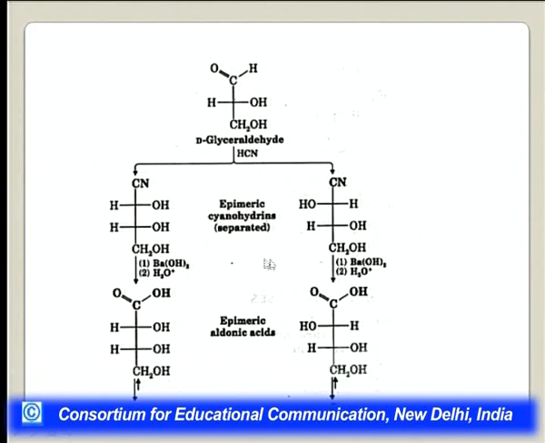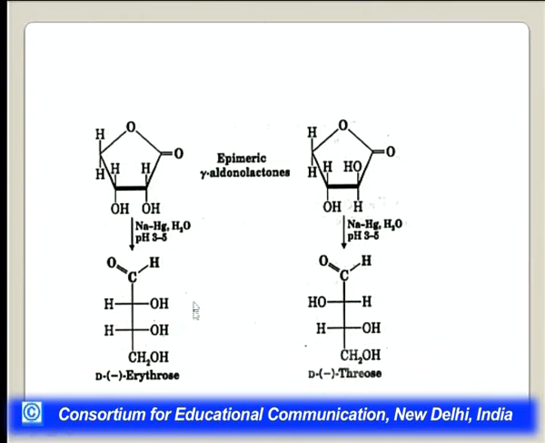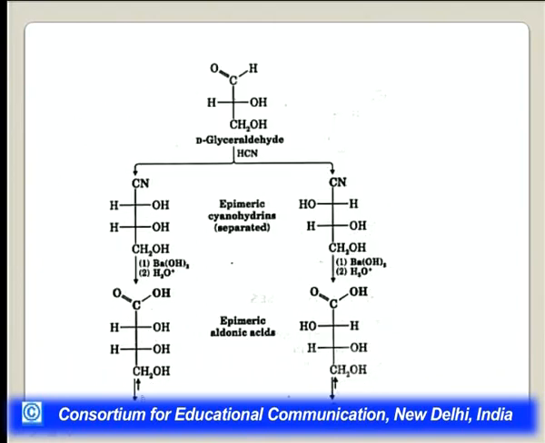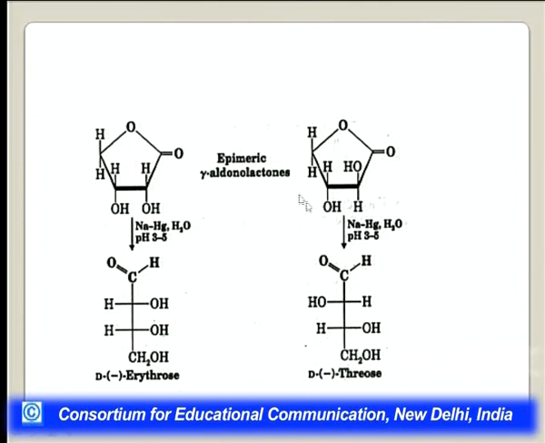When they are separated and then reacted with barium hydroxide followed by hydrolysis, we get this kind of product, that is, the cyano group gets converted to a carboxylic group. Thereafter you will get this kind of lactone from that particular molecule and this kind of lactone from the other. Here you can see the difference is in the hydroxyl group, nothing else.